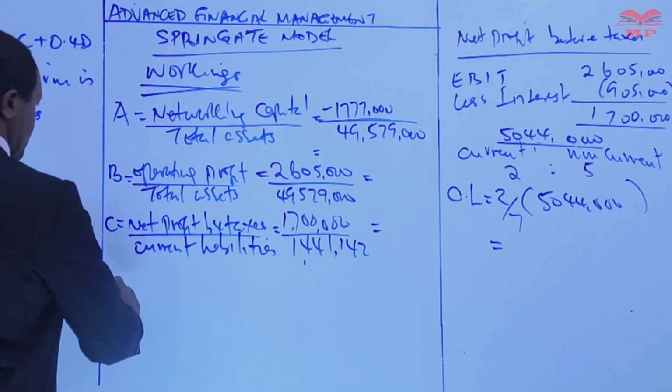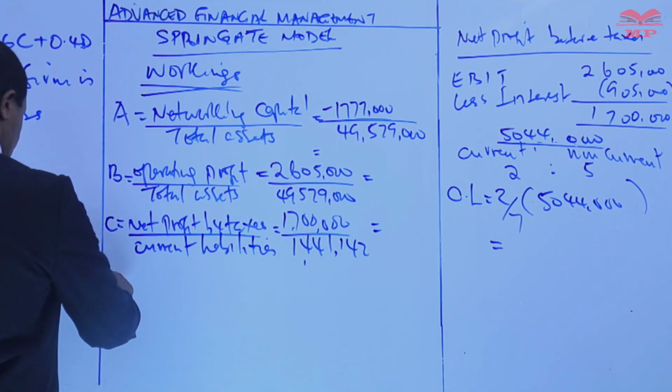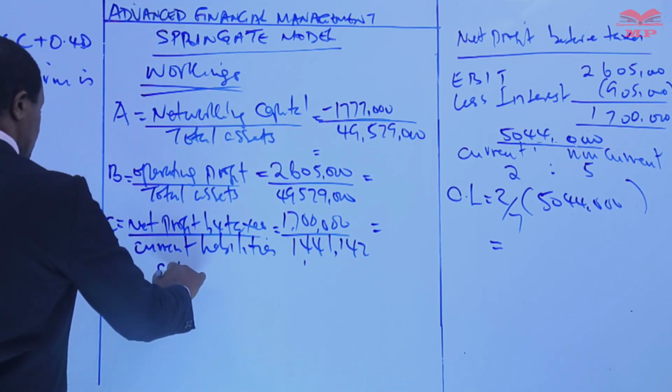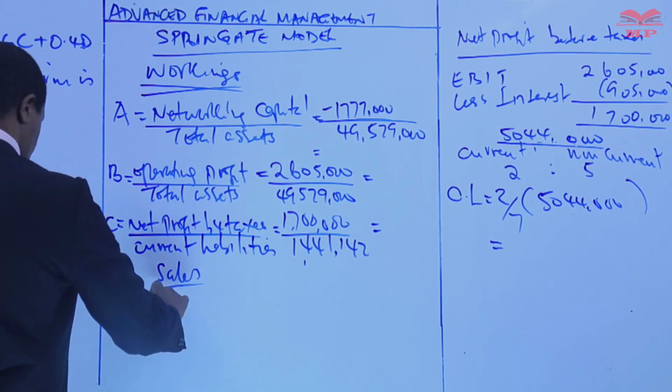We move on to the next ratio. D is equal to sales over total assets.